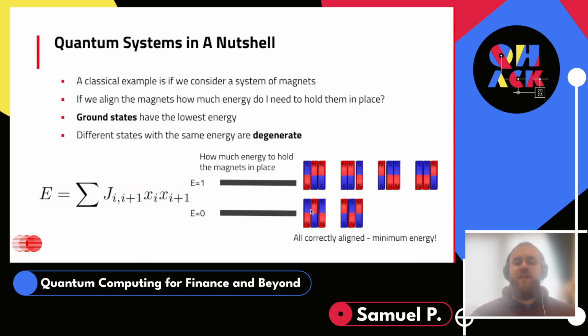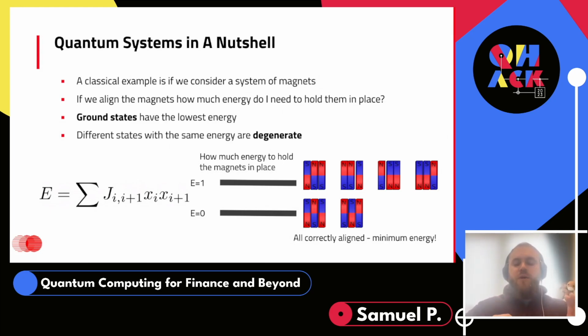If we have south, north, south, they all attract together. We can call this a zero energy state because I don't have to apply any energy to hold these in place. If we go above that, and one magnet is the opposite way around, I'm going to have to apply a little bit of energy now to hold this magnet in place.